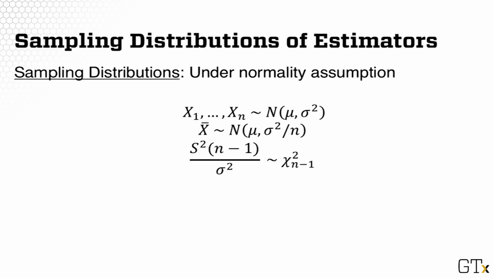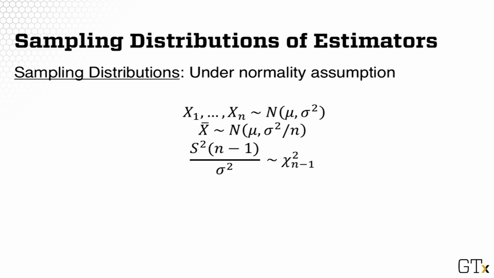If the data are normally distributed, then the distribution of X bar is also normal with mean mu, the true parameter, and variance sigma squared divided by n, where sigma squared is the true variance of the data. Moreover, if the data are not normal, for large sample size n, the distribution of X bar is approximately normal according to the central limit theorem.